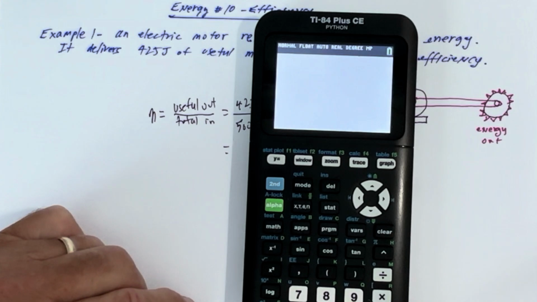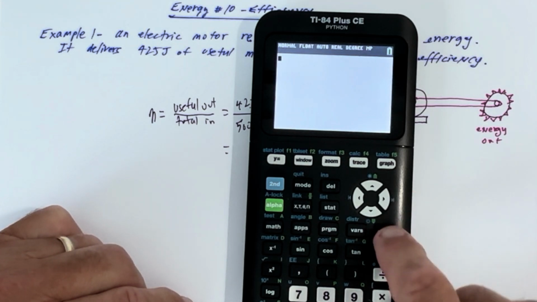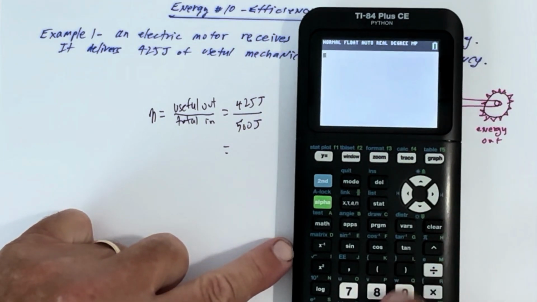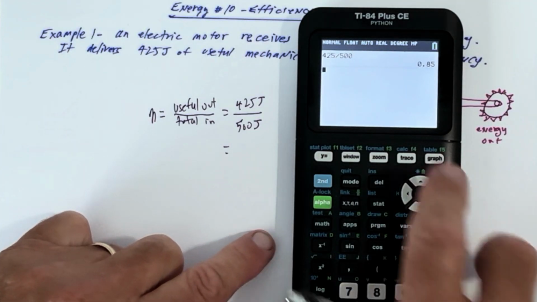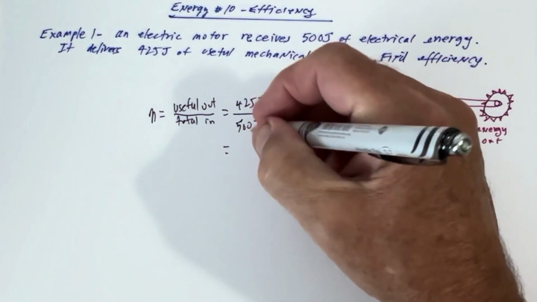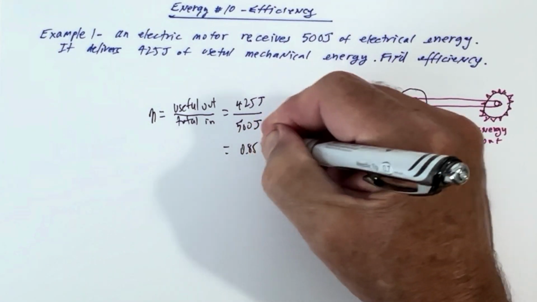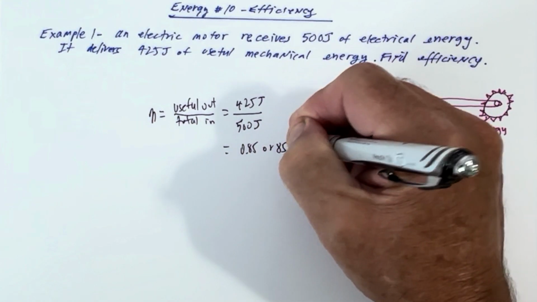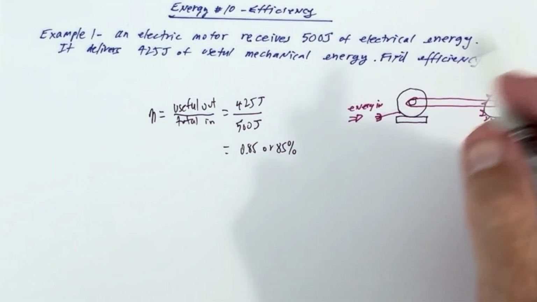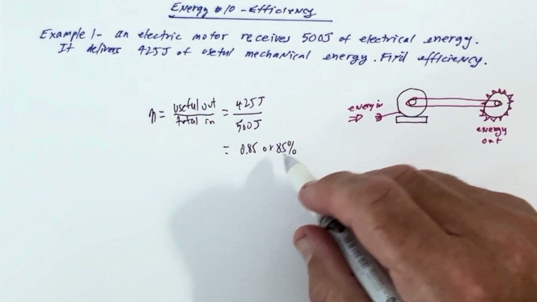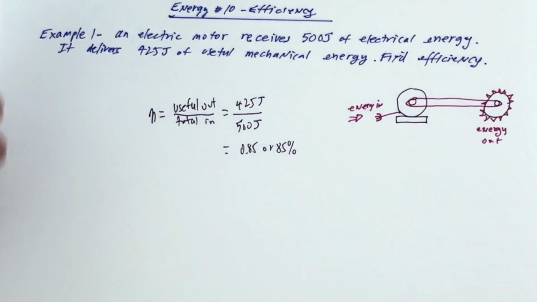Turn it on, then clear it. So we've got 425 divided by 500. Enter. That's 0.85, so 0.85 or 85%. And this is pretty typical for an electric motor. They're usually 80-85% efficient. So that's a fairly realistic number.